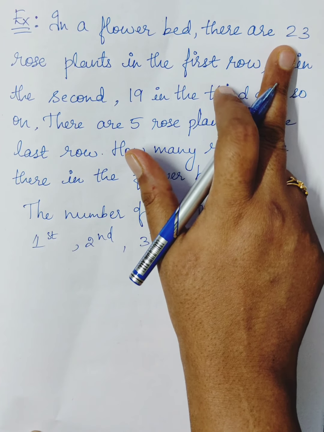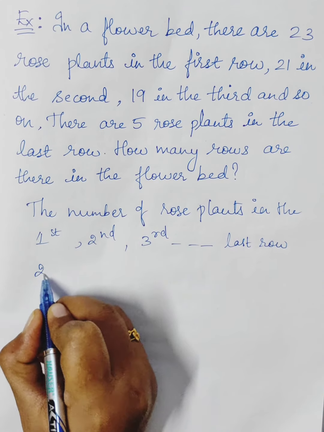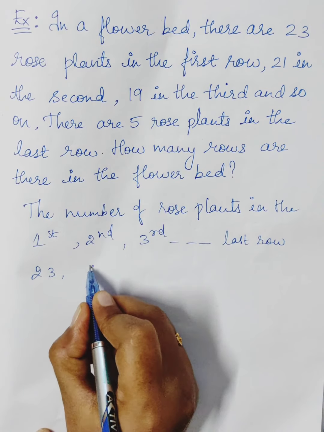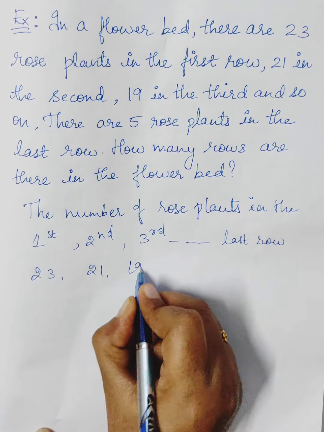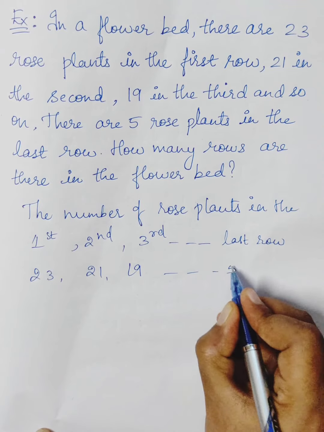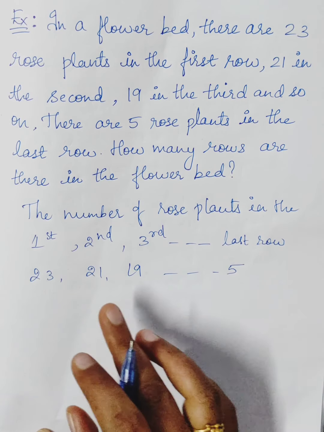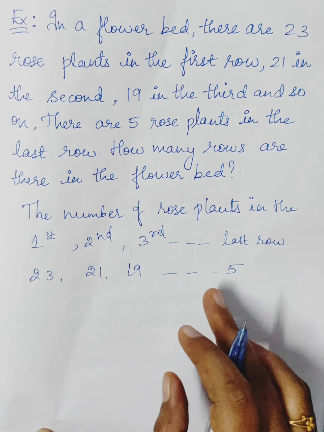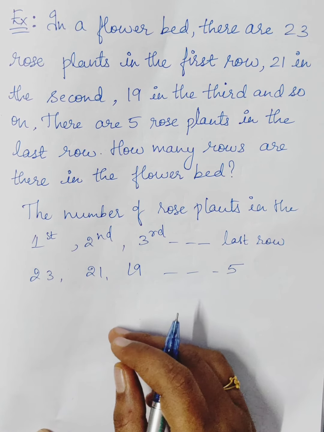In the question, 23 rose plants are present in the first row, 21 in the second, 19 in the third, and so on. And in the last row there are 5 rose plants. But how many total rows are there in the flower bed? That is not given. That we need to find.